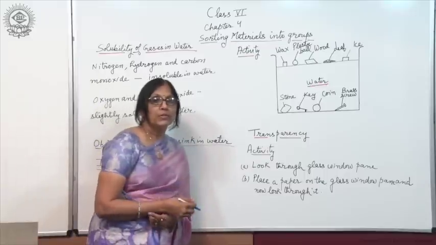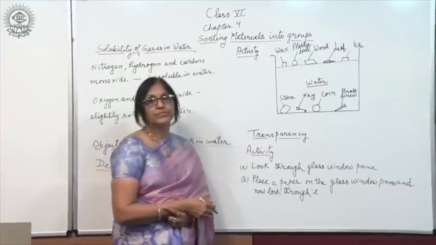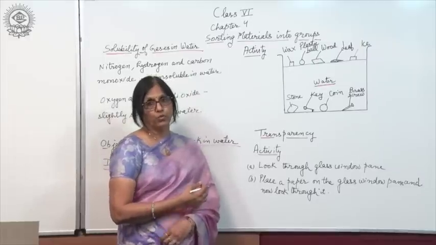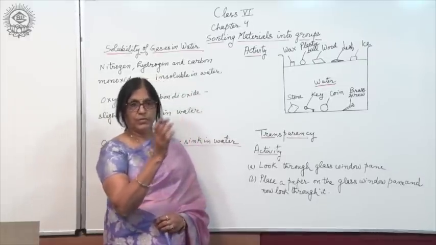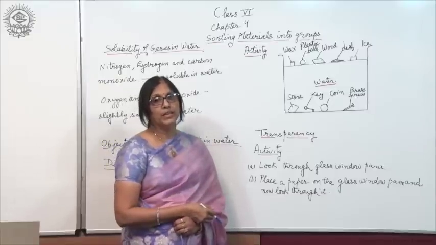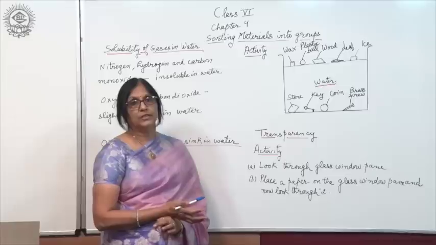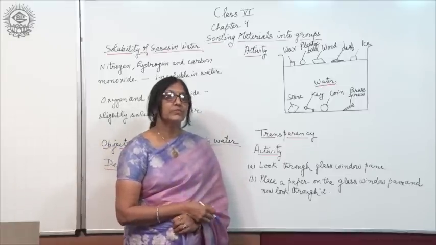Another property which can be used to classify the materials is transparency. For this also a very simple activity you all can perform at home. Go into your drawing room. Mostly the window panes are made of transparent glass. The concept of transparent you must have heard somewhere, right.